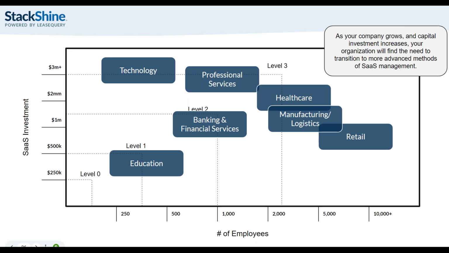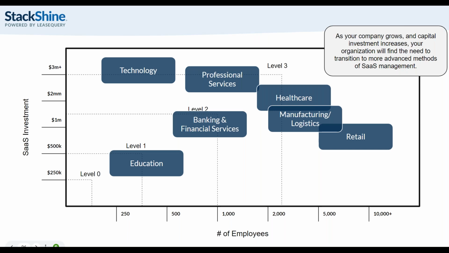And really you can evaluate this on two axes. Across the bottom here, we have the total number of employees. And then across the y-axis is the total amount of SaaS investment. These are the two inputs for our function to determine how complex our own processes need to be in order to maintain and manage our SaaS environment.